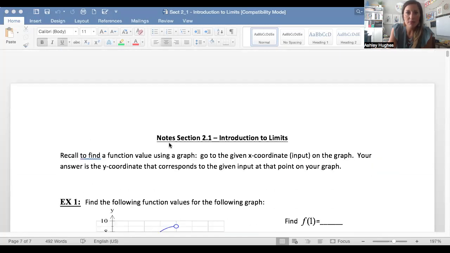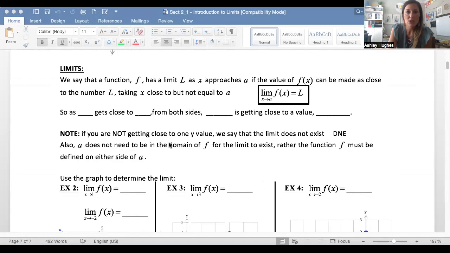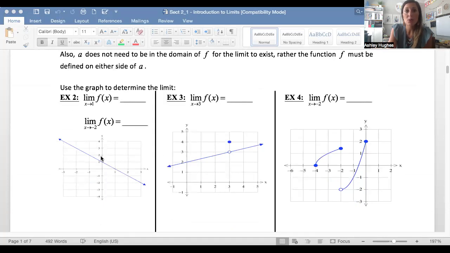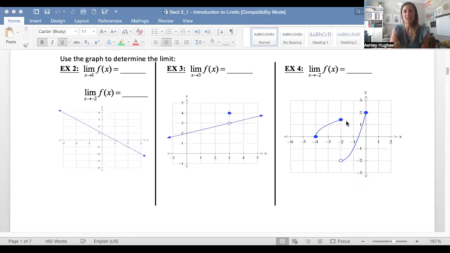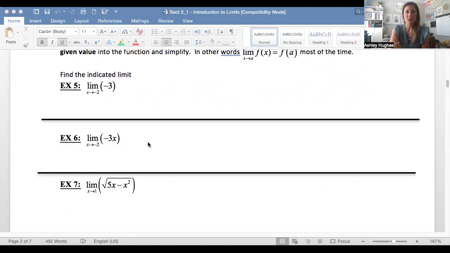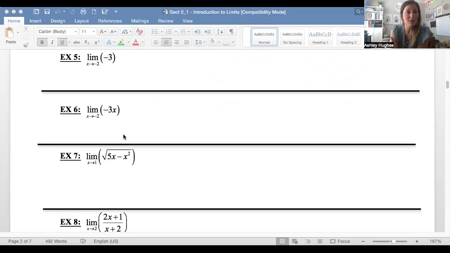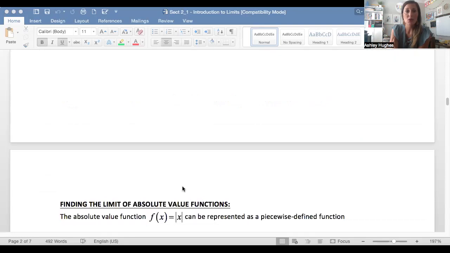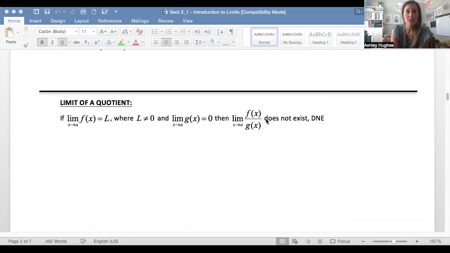Okay, so that was our first introduction to limits. Again, some big concepts here: when you're doing a limit, it's what it is approaching. Make sure that you're approaching from the same side for the limit to exist. So like here, the limit doesn't exist at negative 2. You can just substitute to figure out what the limit is. If you get a number over 0, the answer is no limit.